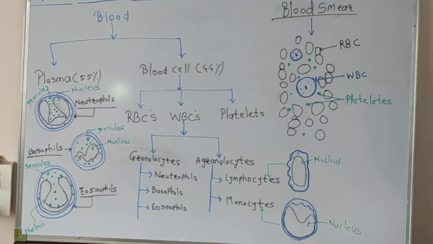We have seen the composition of plasma, as well as the blood cells, and these blood cells get divided into RBC, WBC and platelets. Further, WBC get divided into granulocytes and agranulocytes. Granulocytes get further divided into neutrophils, basophils and eosinophils. And agranulocytes are again divided into two types, lymphocytes and monocytes.